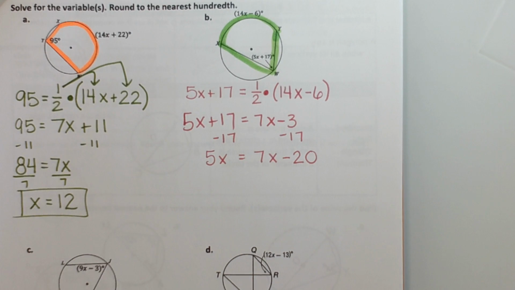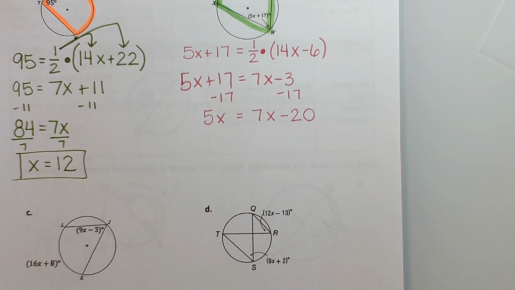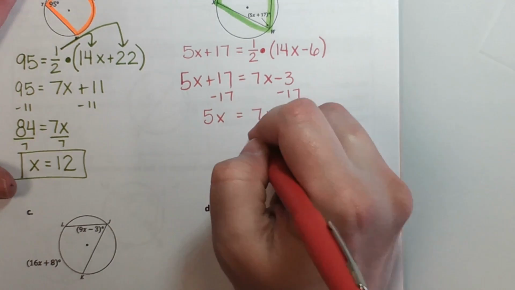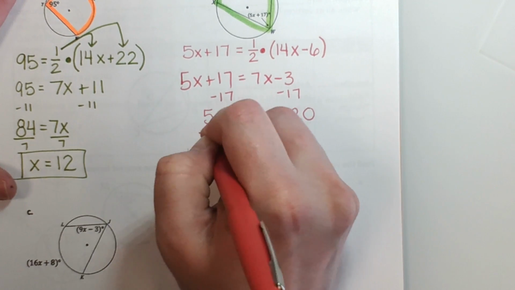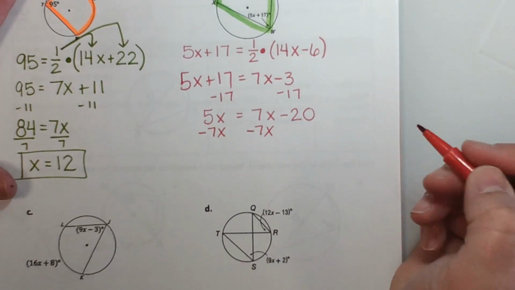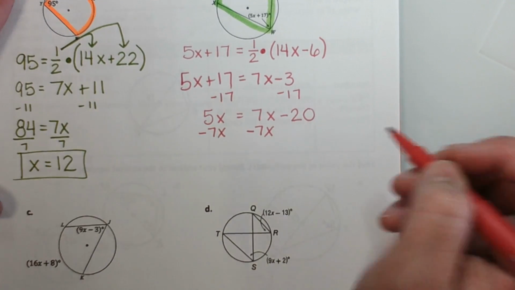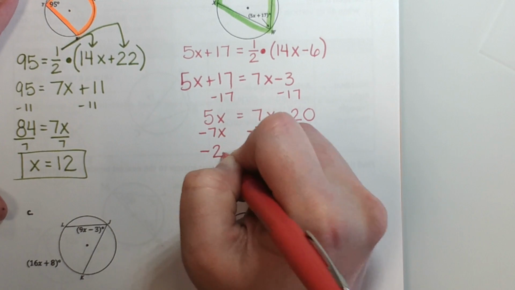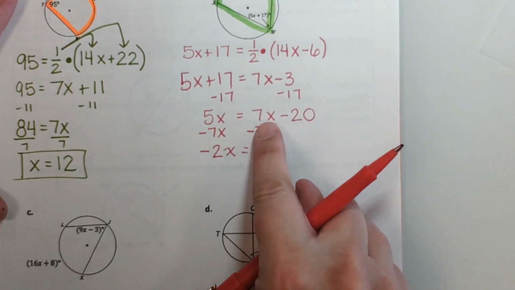Kylie, now what? But it's a positive 7. Subtract the 7. Gotta be careful with our adding and subtracting. This is a common mistake that I see people deal with when they get something like 7x minus 20.